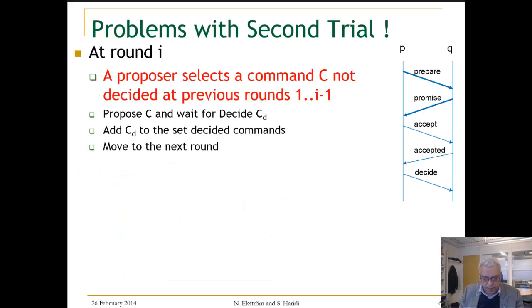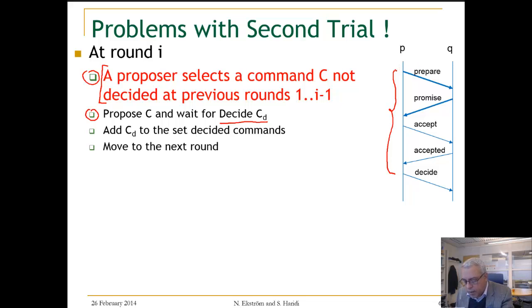Here's our algorithm, as you remember. The most important thing to notice is that a proposer selects a command C not decided in previous rounds and waits until a decision is made. If you remember our old single-thread Paxos algorithm, it means it has to wait for basically 2 rounds.